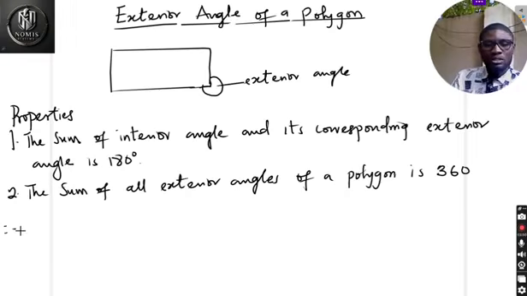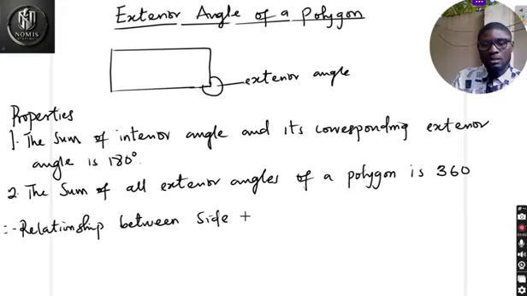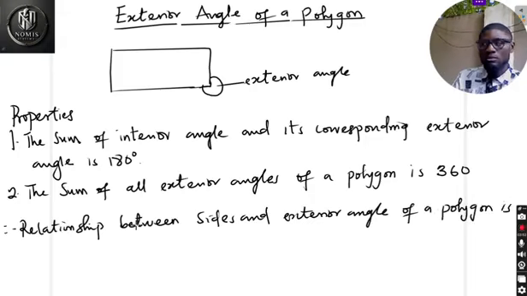The relationship between the sides and the exterior angle of a polygon states that the exterior angle of a polygon is equal to the quotient of 360 and the number of sides. This is what I mean mathematically.